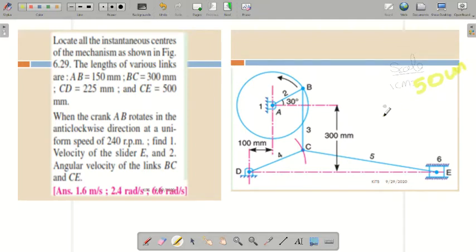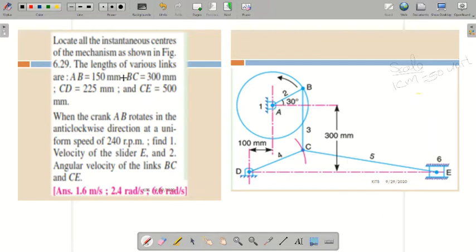Like this, you keep it. That means if it is a 150 mm line, you have to draw a 3 centimeter line here.